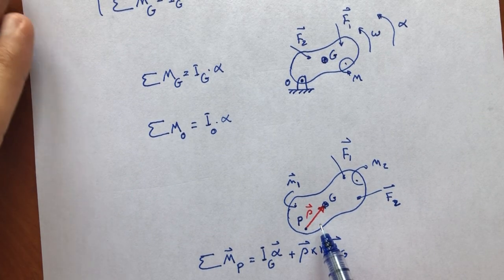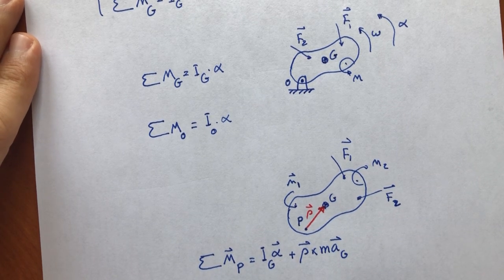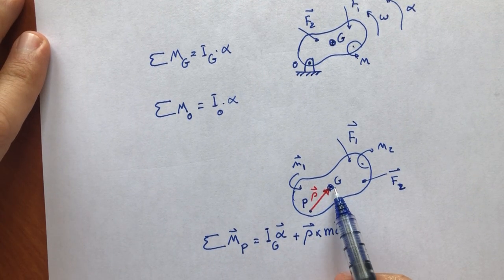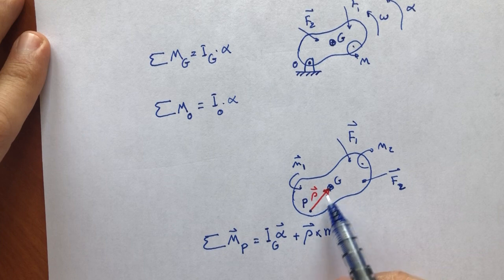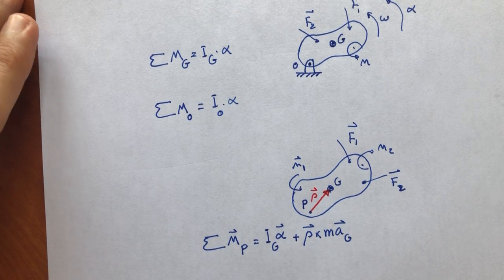So for any reason, if you want to take the moment about any other point, that's not going to be equal to Ig times alpha. And that's not going to be I about P times alpha. We have to use this a little bit more complicated equation. Sum of the moments about this point P is going to be IG times alpha plus rho vector from P to G times mass times acceleration of the centroid.